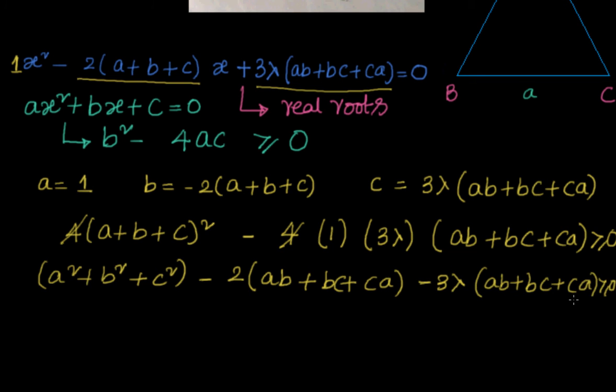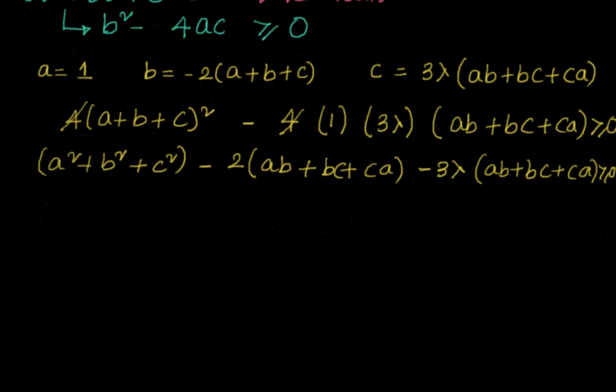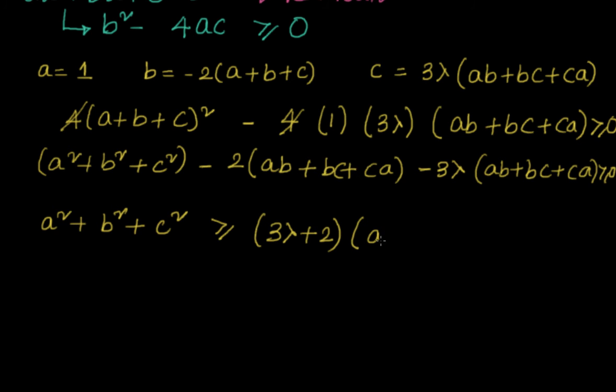Now I can take (ab plus bc plus ca) common, so the next step is a square plus b square plus c square is greater than or equal to (3 lambda plus 2) into (ab plus bc plus ca).